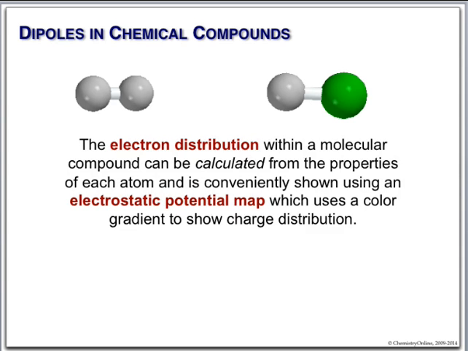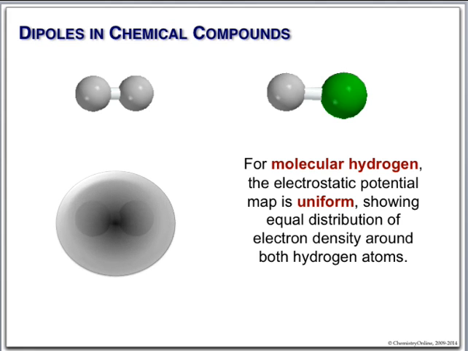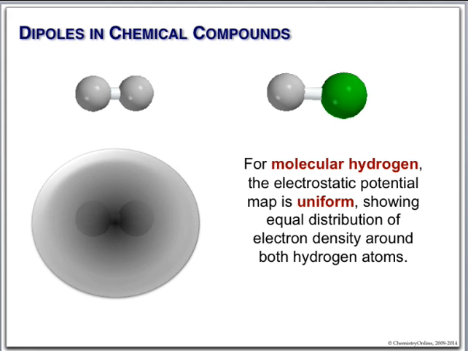The electrostatic potential map will tell us basically where the electrons are, okay? So for hydrogen, we begin our calculation, and the calculation basically says that the electrons live in this kind of oblong sphere surrounding the two hydrogen atoms.